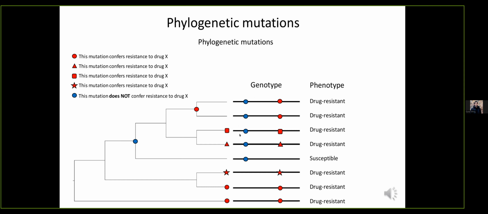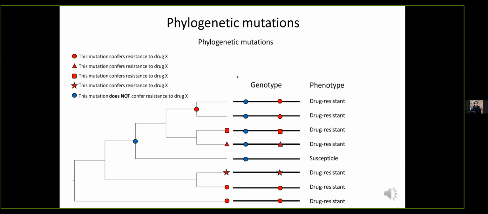Why? Because most strains that carry the blue mutation are drug resistant. But that would not be accurate, because the reason they share the blue mutation is just that it is one mutation that they all share, and it is not conferring drug resistance.